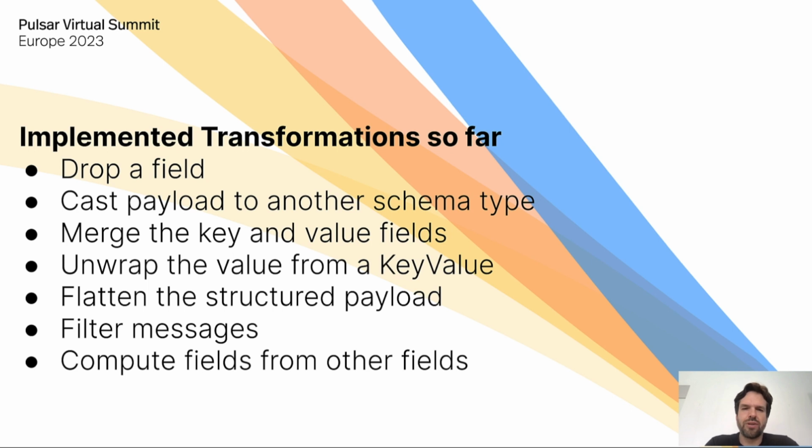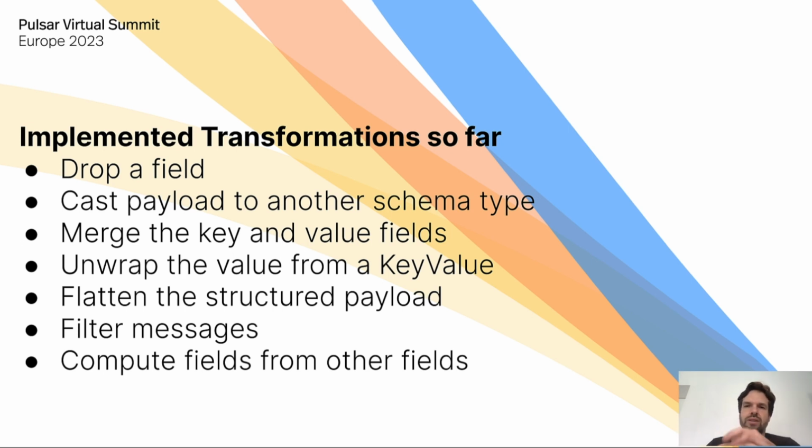I think that we have the most common transformations we've seen in the field already implemented. So you already have the possibility to drop a field from a structured payload. If you have Avro with fields A, B, C, you can drop B, and you get an Avro with only A and C. You have the possibility to change the schema type of a message. So if you have Avro, you can, for instance, cast to string.